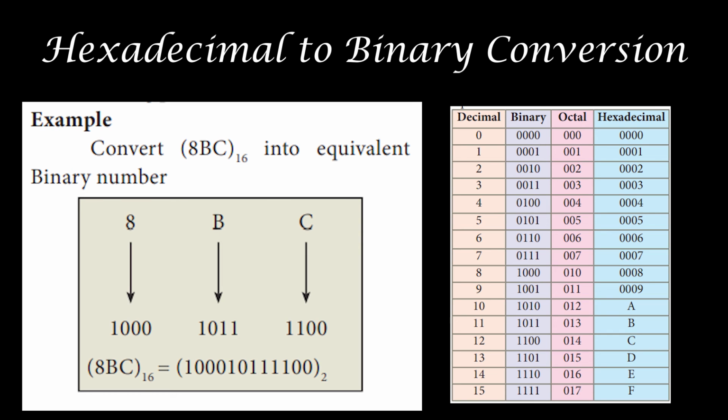Like this we can write the hexadecimal to binary equivalent with 4 digits and octal to binary equivalent with 3 digits, right? So hexadecimal to binary conversion and octal to binary conversion will be easy if you keep the table by the side while converting.